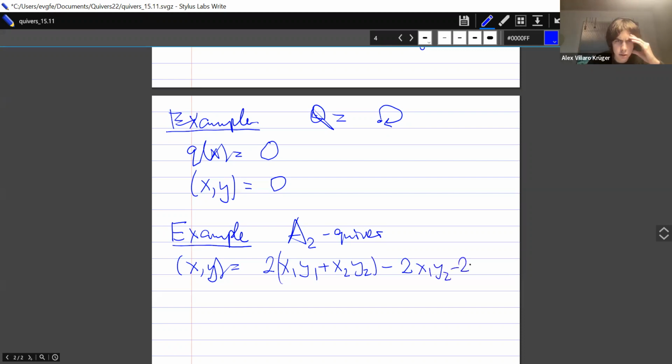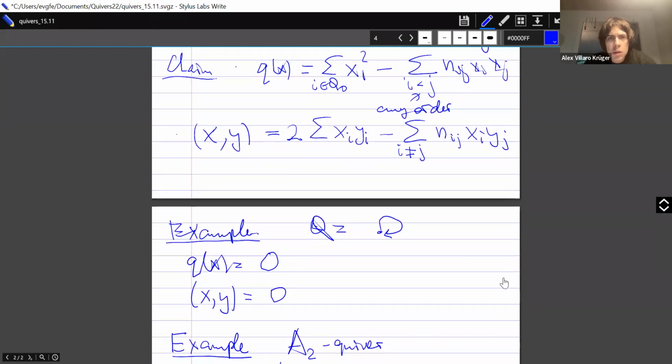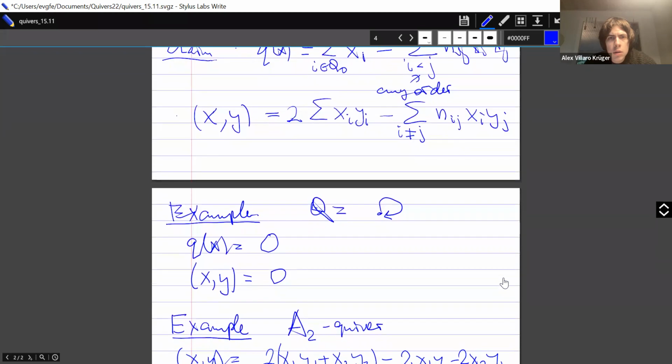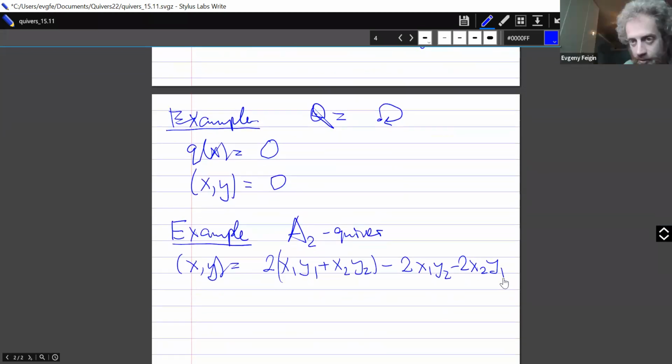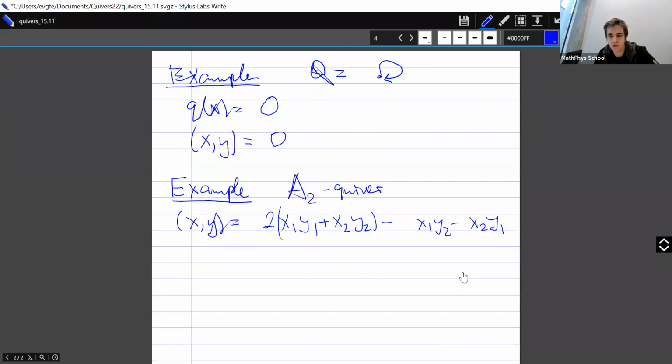Is there a two in the last terms? Do you need these twos? Maybe we don't need the last two twos. I don't think we need them. I suppose we shouldn't have the twos in the last two terms.